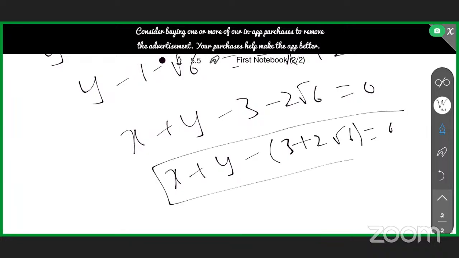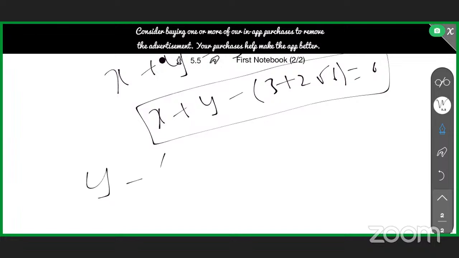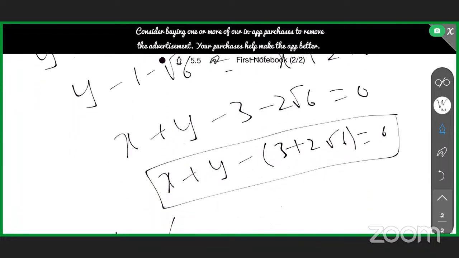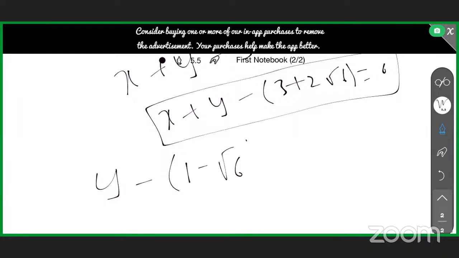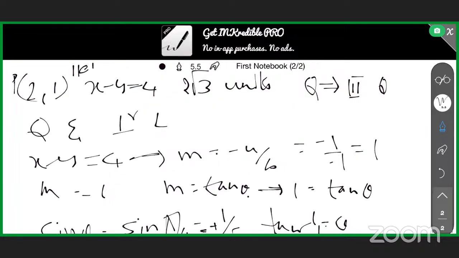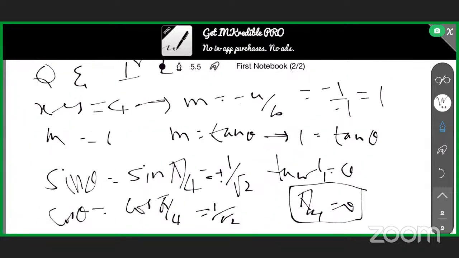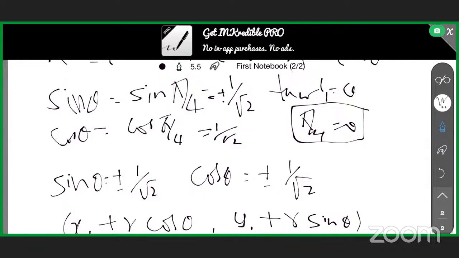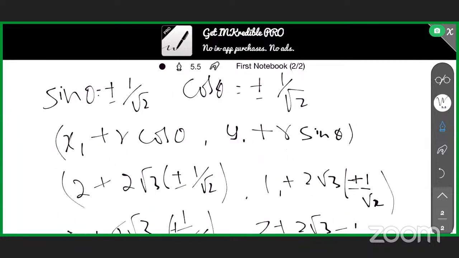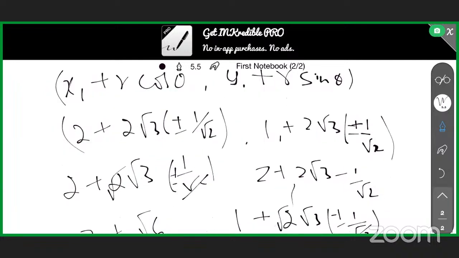This is one equation. Another equation I have to take in the minus form. That is y minus of 1 minus root 6 is equal to minus of x minus of 2 minus root 6.